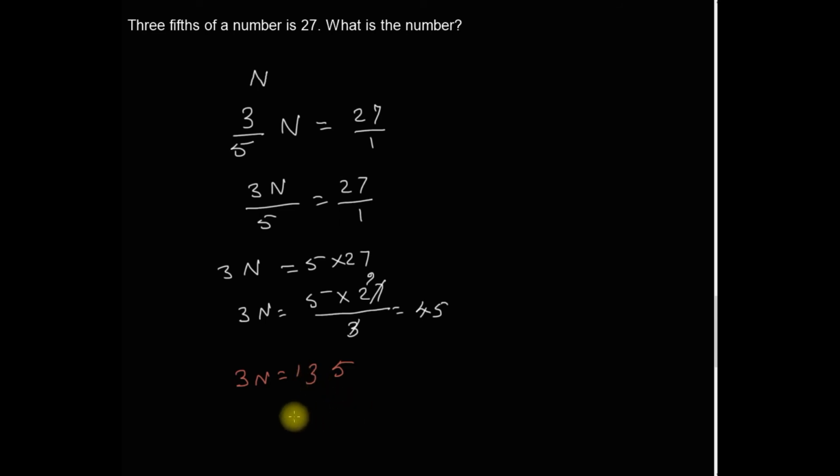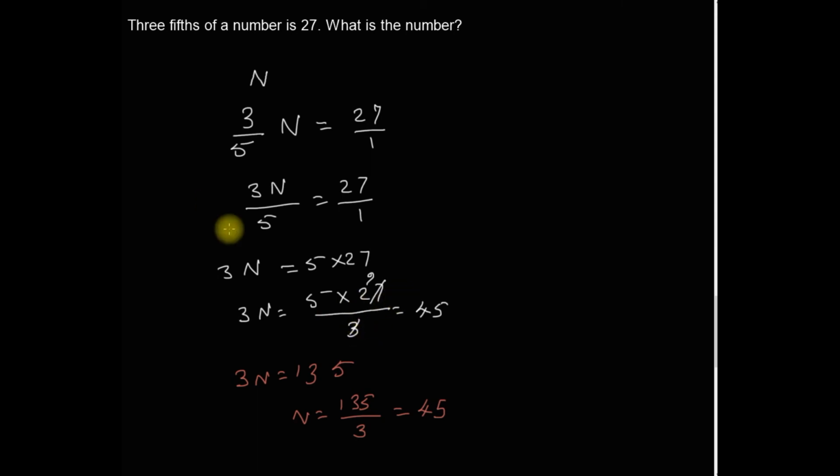And then I would get n is equal to 135 divided by 3, which will give me 45. It's always better to simplify if you can, because it means you don't have to go through this multiplication, multiplying the larger numbers.